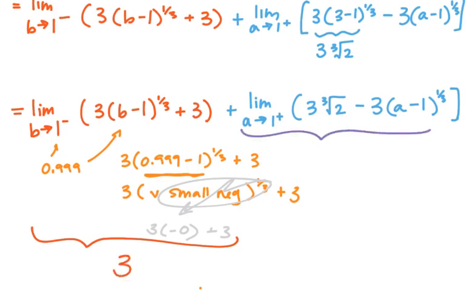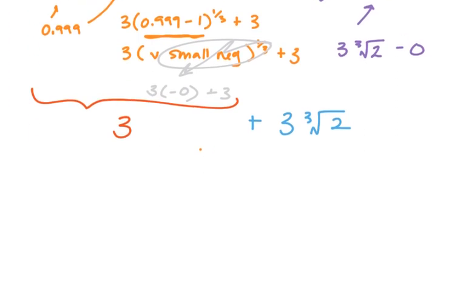By a similar argument on the right-hand side, we're going to end up with something that looks like 3 times the cube root of 2 minus 0. In this situation, that just gives us plus 3 times the cube root of 2. Those are both finite values, and the sum of two finite values is also a finite value.